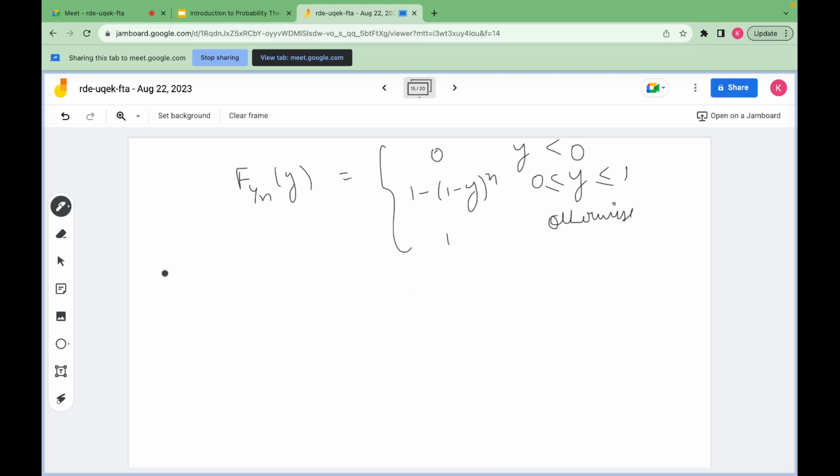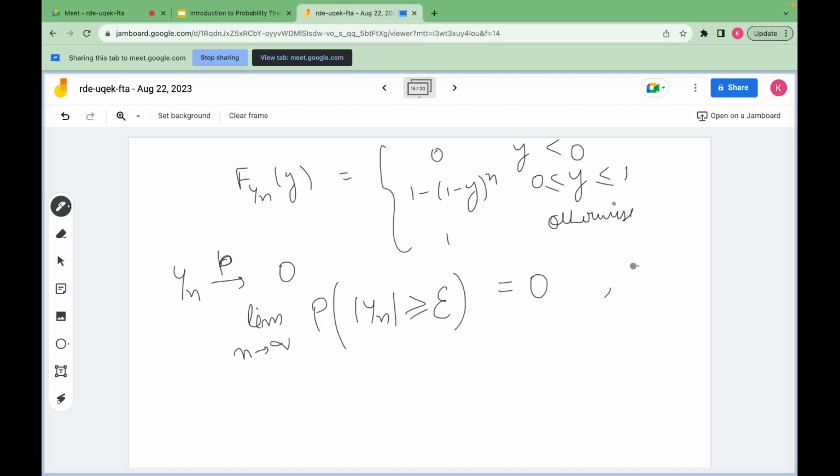So for yn to converge to 0 in probability, we need to show that the limit as n tends to infinity of the probability that yn is greater than epsilon is equal to 0 for any epsilon greater than 0.